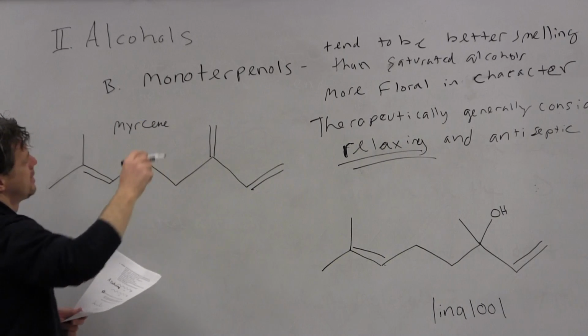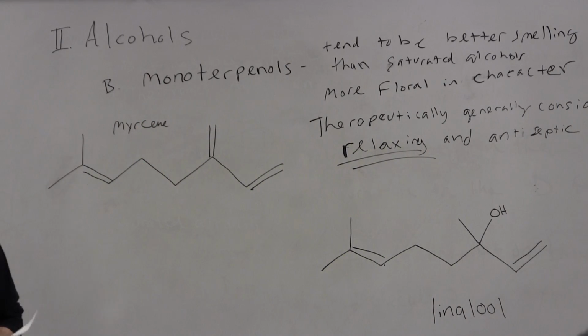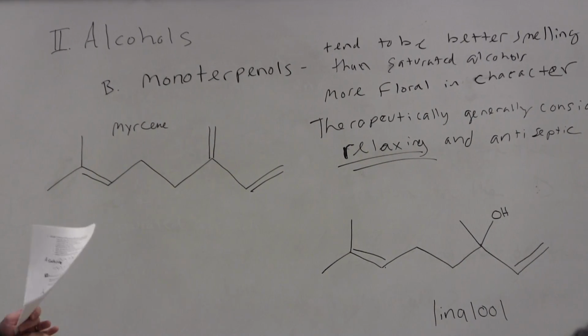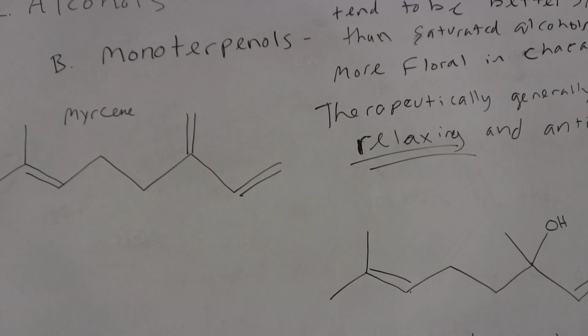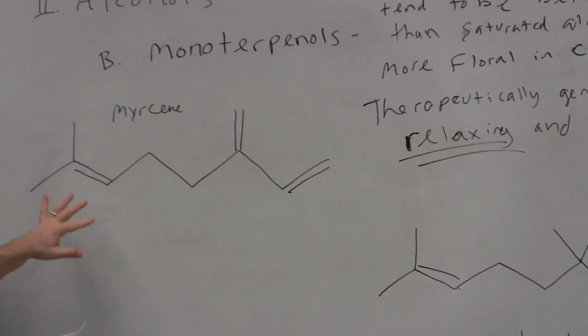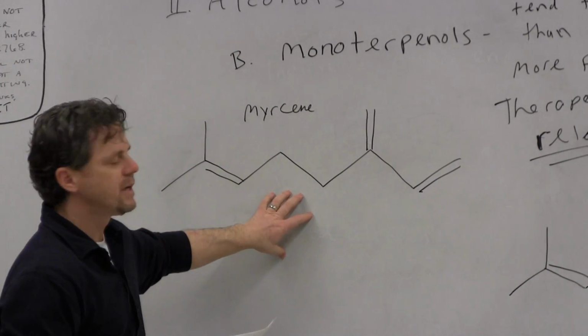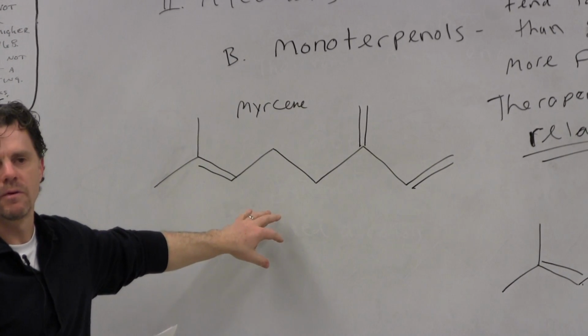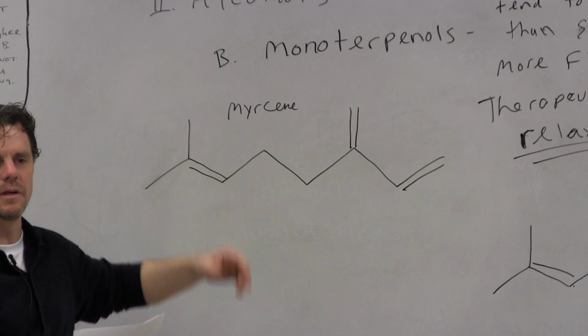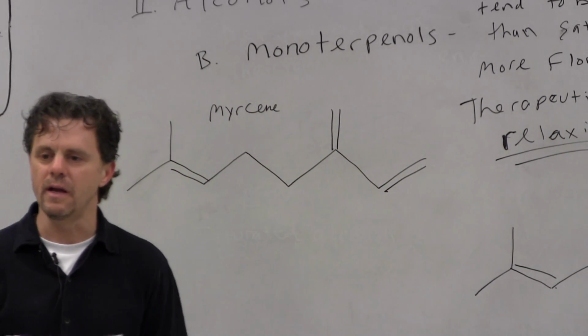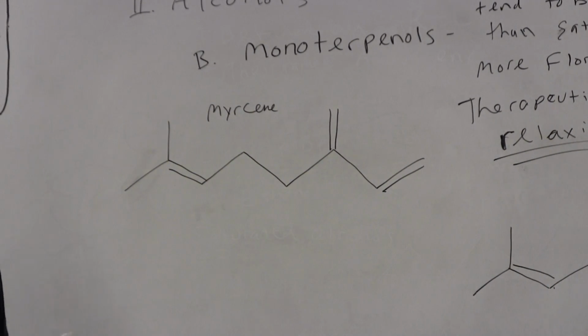This is a monoterpene you haven't seen or smelled. It's a common one, very reactive one. If you leave it in a bottle for, say, 6 months to a year, the stuff will be a rubbery, solid mass as it reacts with itself, polymerizes.